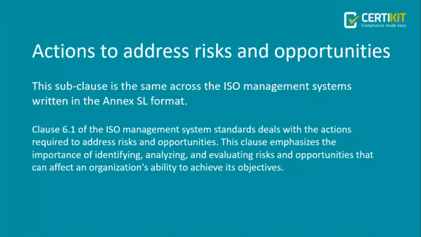This clause links closely with Clause 4.1 and 4.2, and we'll come to that in a bit more depth later on. But this is an extremely important clause of Clause 6 that a lot of people do not join the dots with, and it's always a pickup point in audits.